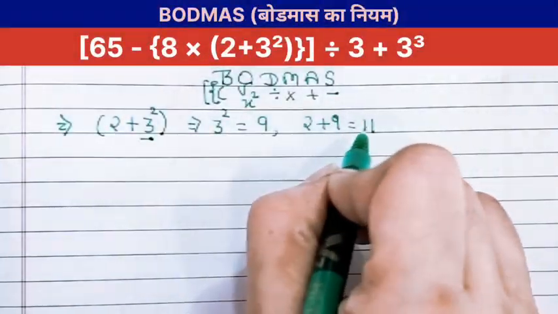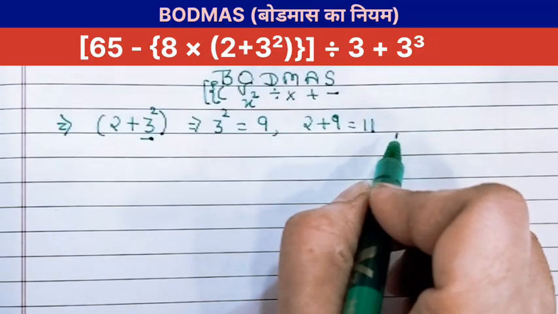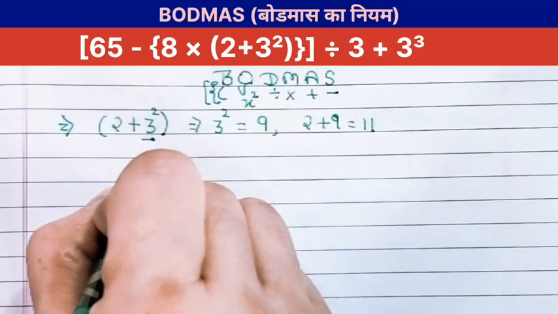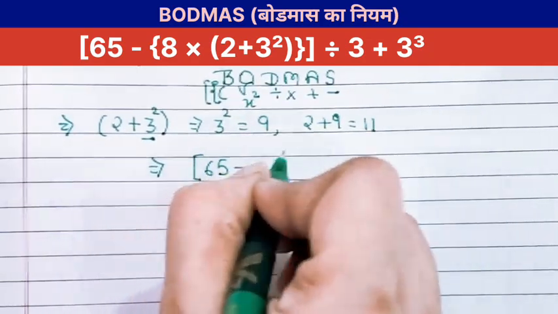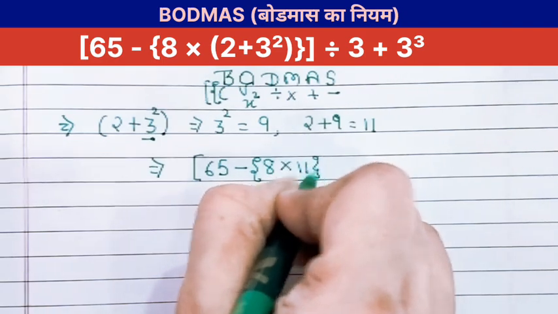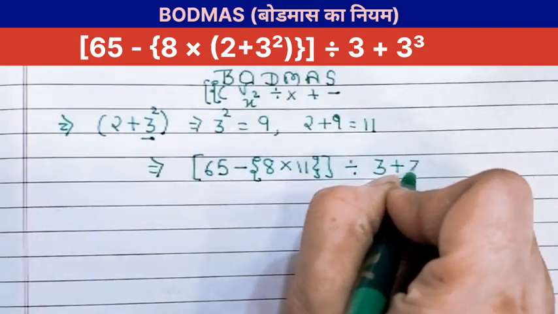Now the innermost parenthesis is complete, the addition inside the round brackets done. Round brackets have the highest priority in the bracket hierarchy. So now the current expression becomes square bracket 65 minus curly braces 8 multiplied by 11 curly braces square bracket divided by 3 plus 3 cube.